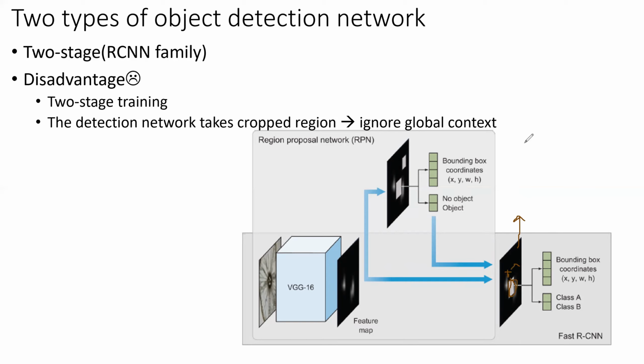But the RPN model has already considered the global context, right? Oh yes. But here it's just ignored. So it means that the overall network, despite the detection network, does not take the global context into consideration, but the overall Faster RCNN takes the global context into consideration.